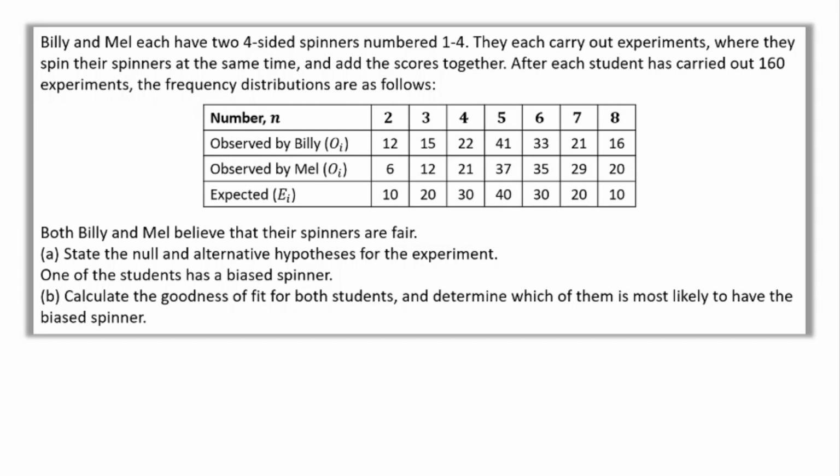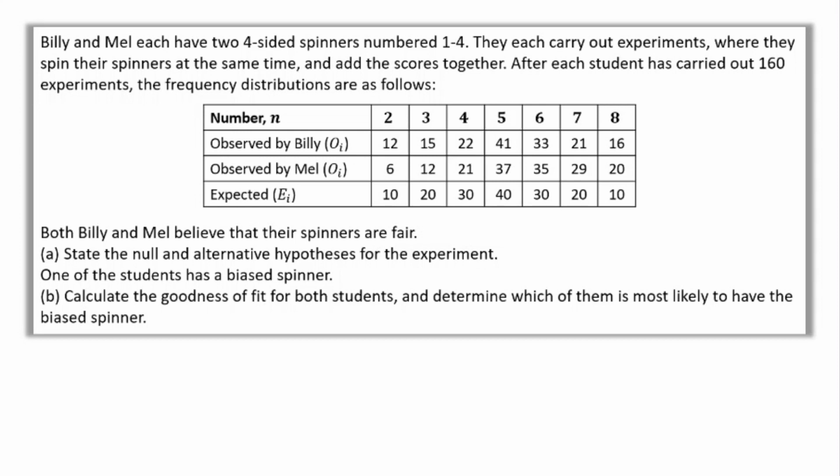After each of them has done 160 experiments, they've compiled their table of frequencies, and that's demonstrated below. The expected for each of those we would be able to see from a sample space diagram is given as well, where a score of 2 and a score of 8 are the least likely to occur, where a score of 5 is the most likely to occur, and these have expected frequencies of 10, 20, 30, 40, 30, 20, 10.